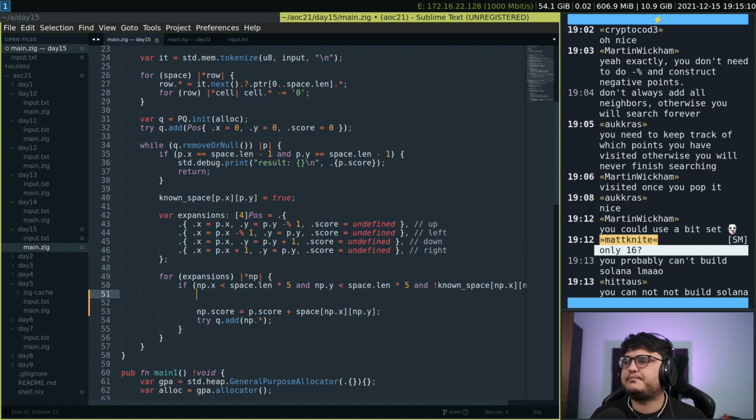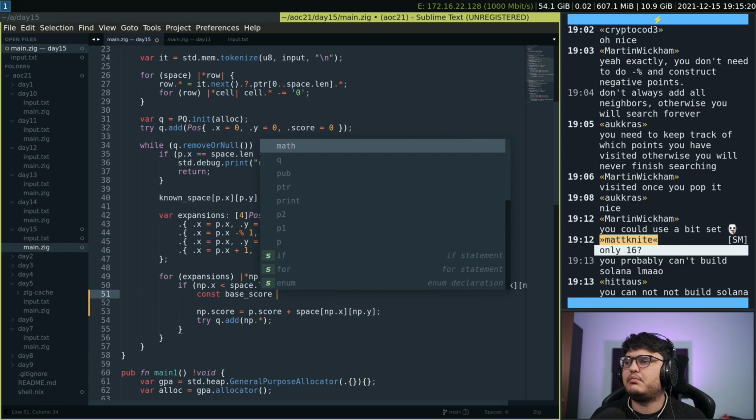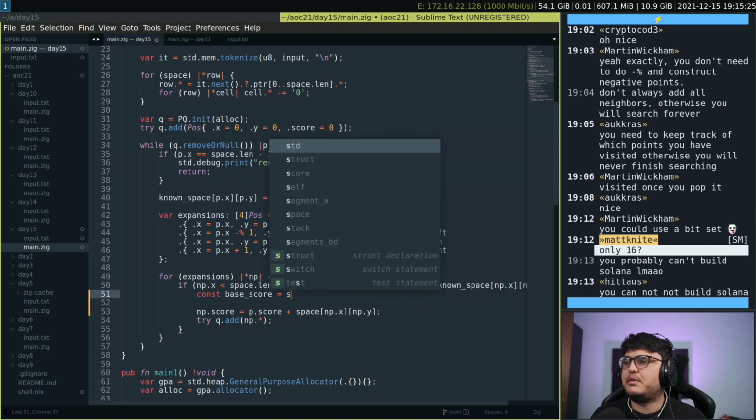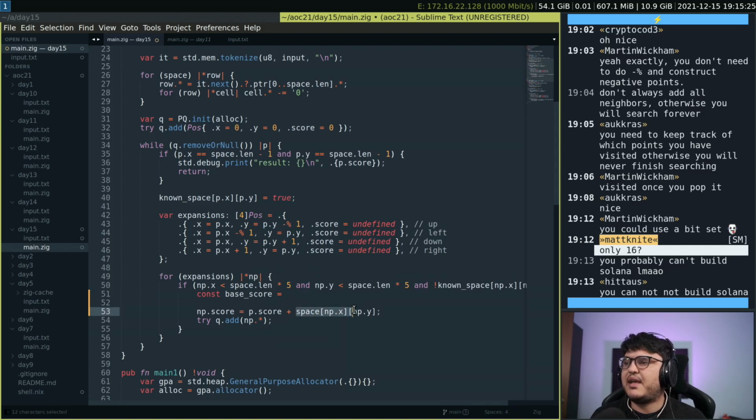So let's do this. Const base score is space this, oops, is space this modulo 9.